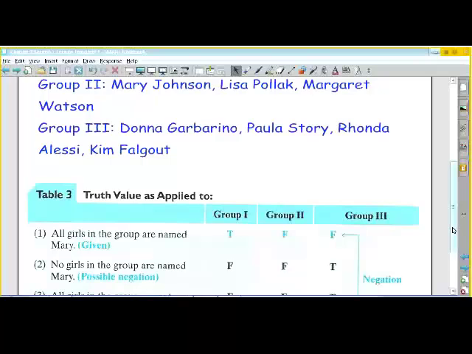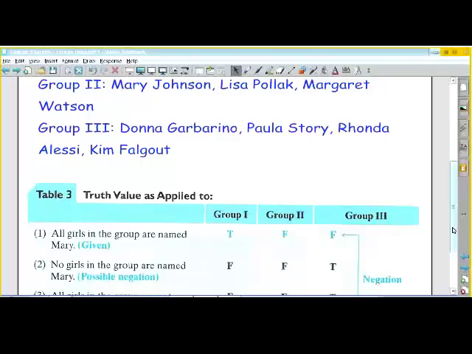That's one possible negation. Then you look at the three possibilities. In the first case, are no girls in the group named Mary? Well, they're all named Mary, so obviously that's false. This is a false statement relative to the first group. Are no girls in the group named Mary for the second one?